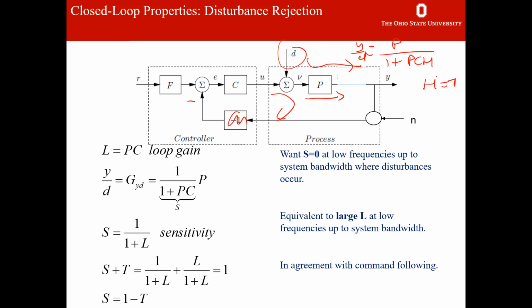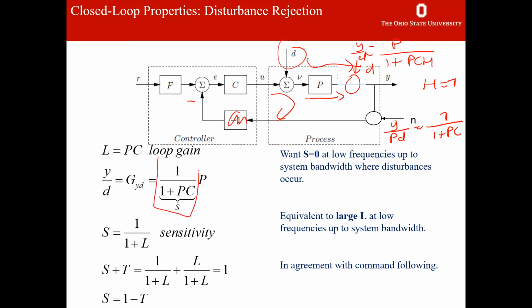H is equal to 1. And then let me take a look at Y divided by P times D. Let me make a change. 1 over 1 plus PC. Okay, because sometimes the disturbance occurs here.